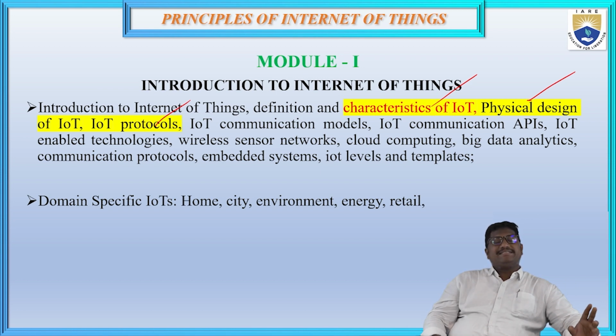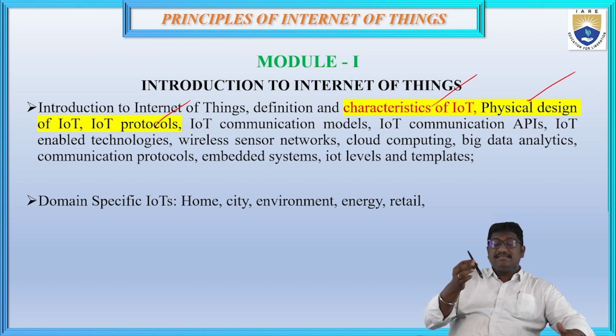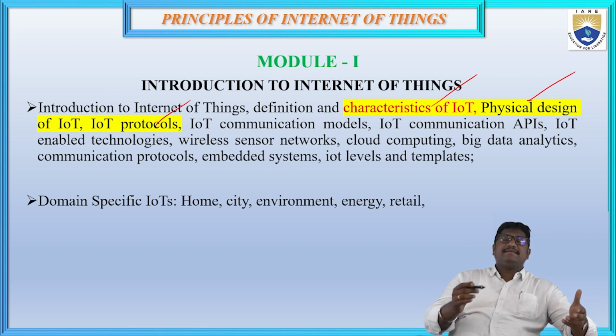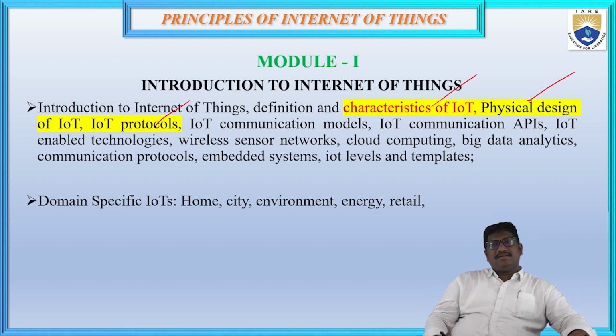What are characteristics? For any kind of thing, there are some characteristics. For example, what this pen's characteristics are, what this device's characteristics are. Like that, in IoT also there are certain characteristics which have to be considered.